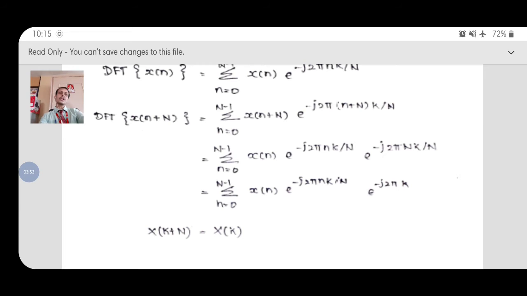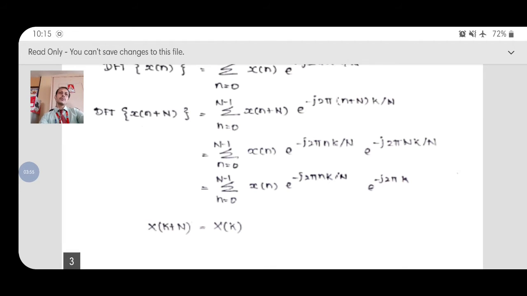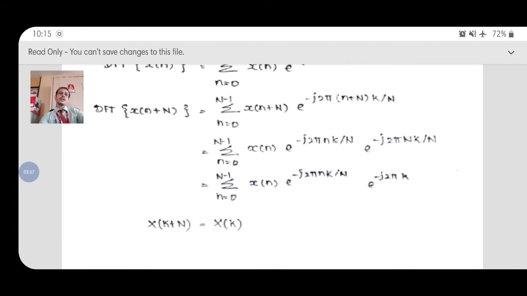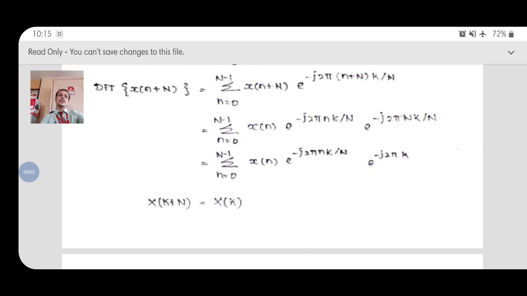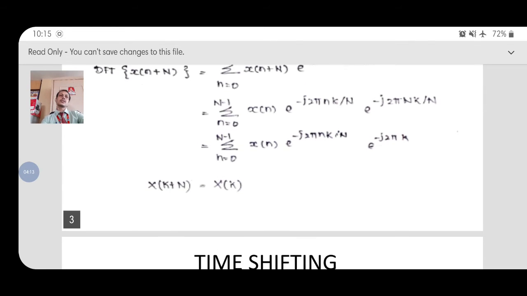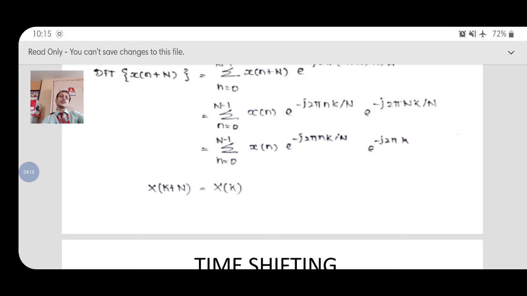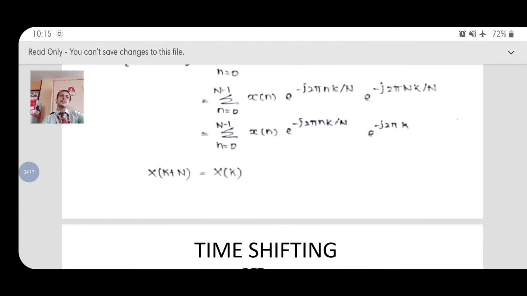Here we have e power minus j 2 pi into n plus capital N into k by capital N. We can write it separately, so we get e power minus j 2 pi nk by capital N and then e power minus j 2 pi capital N k by capital N. We can cancel capital N in the numerator and denominator, so we get e power minus j 2 pi k.